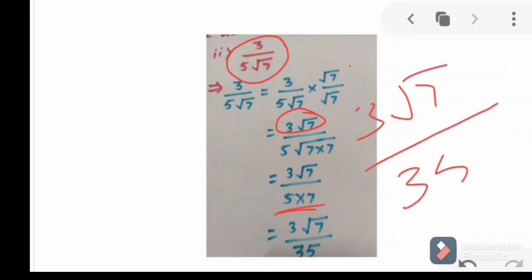So at the numerator 3 into root 7, it becomes 3 root 7, and at the denominator 5 into root 7 into root 7, that is under root 7 into 7. But we know that 7 7s are 49 and square root of 49 is 7. So the denominator becomes 5 into 7. 5 into 7 means that is 35.